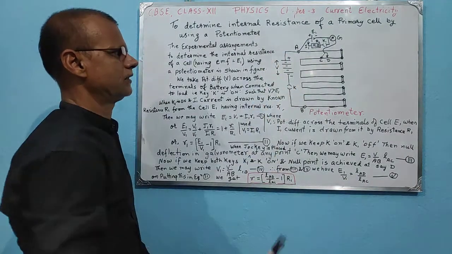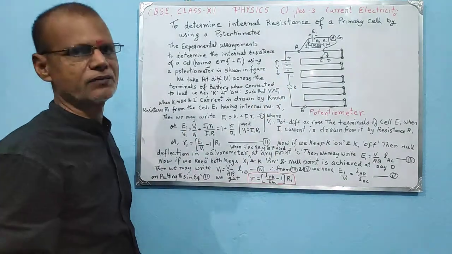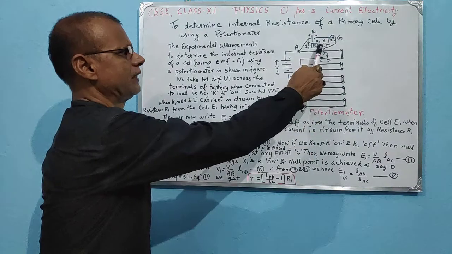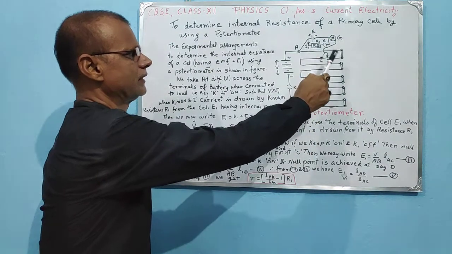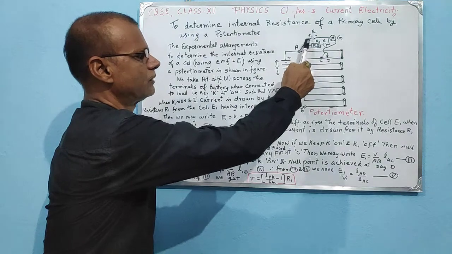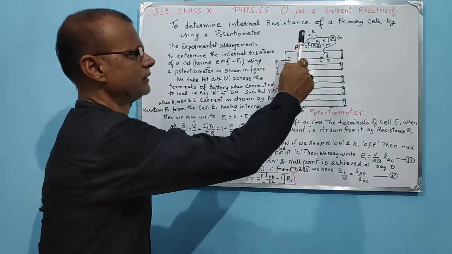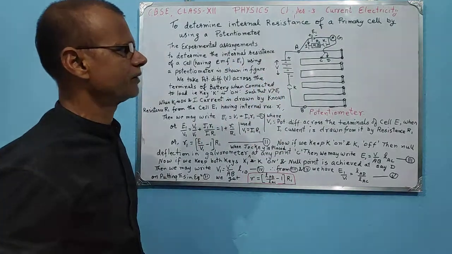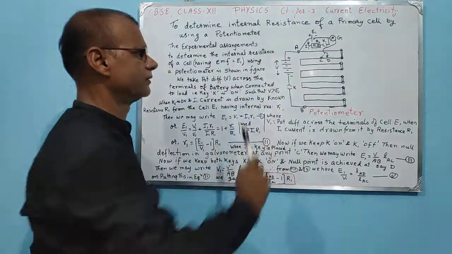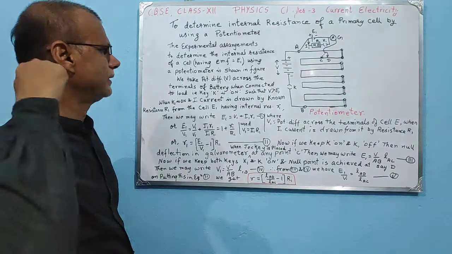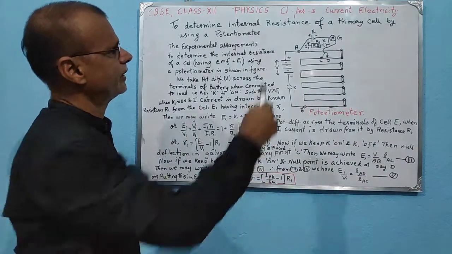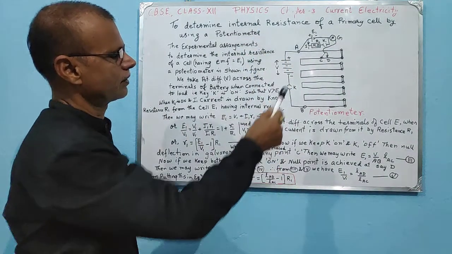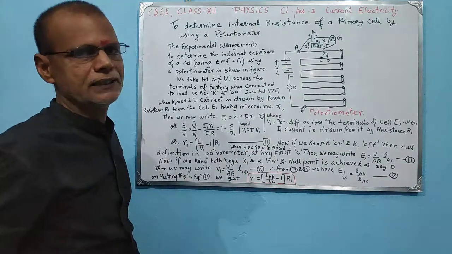The value of R1 is known to us, and key K1 is used to draw current from the cell when K1 is on, and not to draw any current from the cell when K1 is off. This is the experimental arrangement, different from the previous one when we were only finding the EMF of a cell.